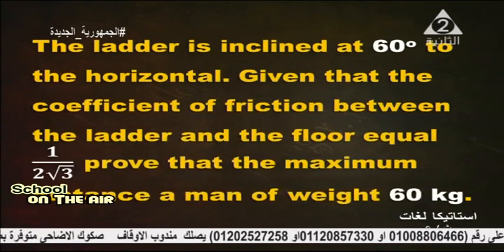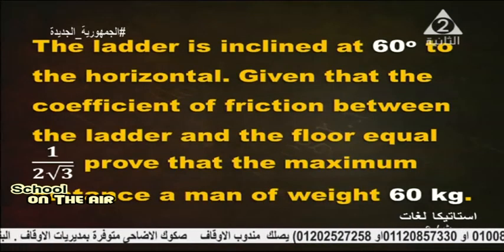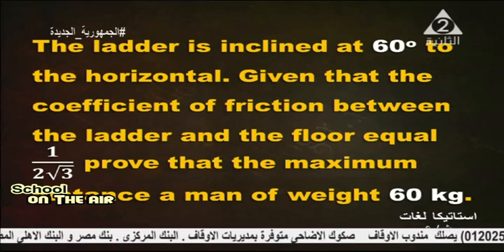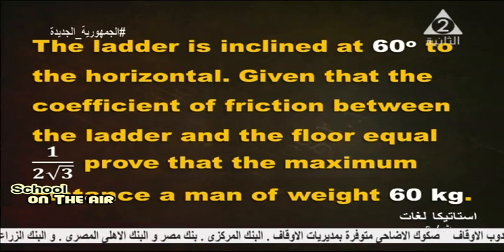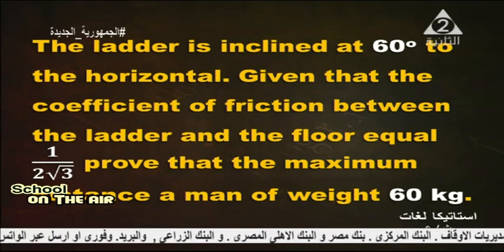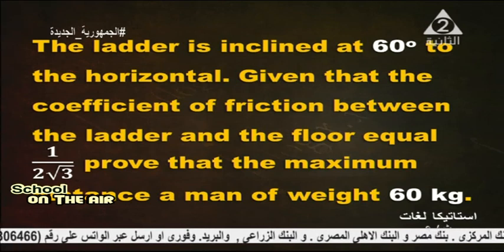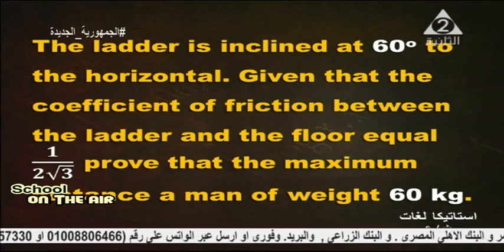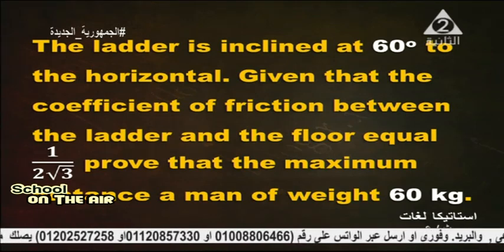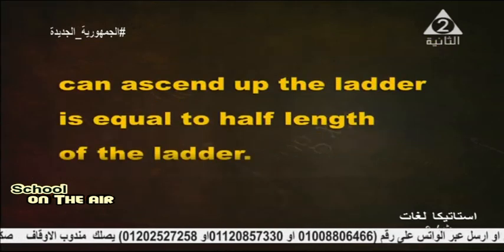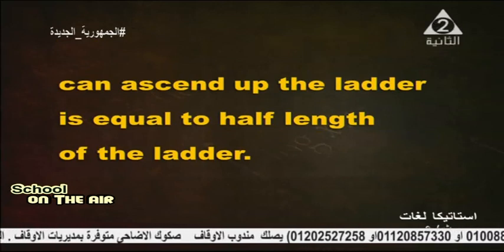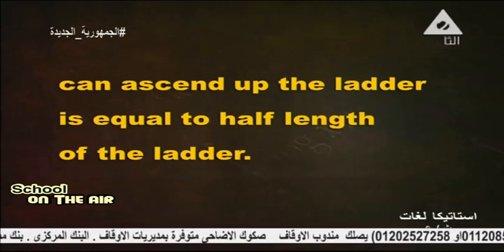The ladder is inclined at 60 degrees to horizontal. Given that the coefficient of friction between the ladder and the floor equals 1 over 2 root 3. What is required? Prove the maximum distance a man of weight 60 kilogram can ascend up the ladder is equal to half the length of the ladder.